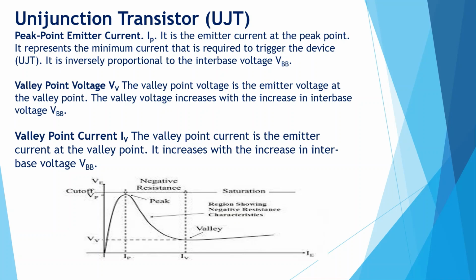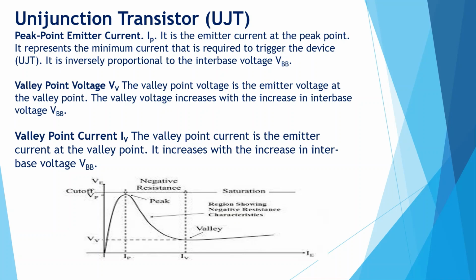So this device has a negative resistance region which is stable enough to be used with a great deal of reliability in applications such as oscillators. Eventually the valley point VV is reached, and any further increase in emitter current places the device in the saturation region as shown in the figure.